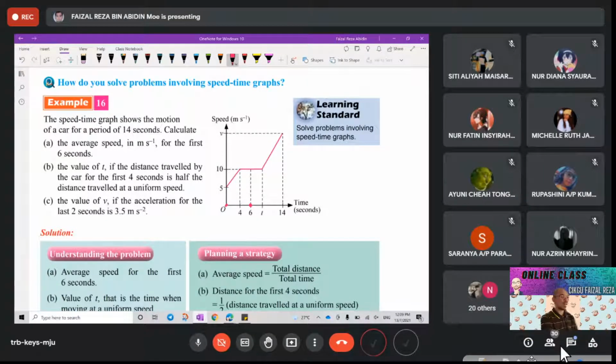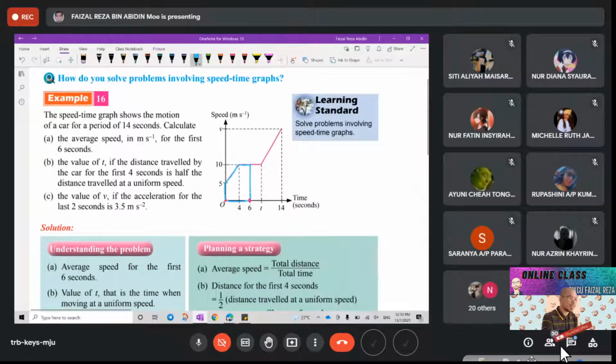We are going to find the area under a graph, am I right? The area under a graph for this one only.